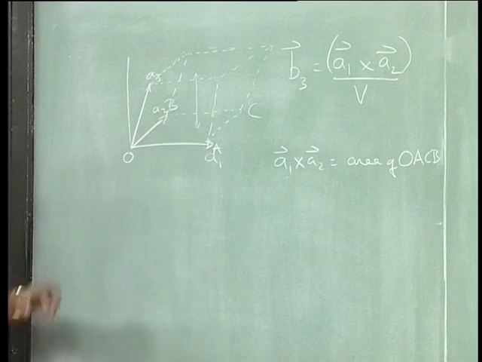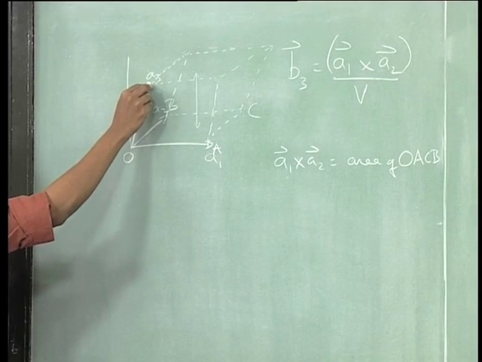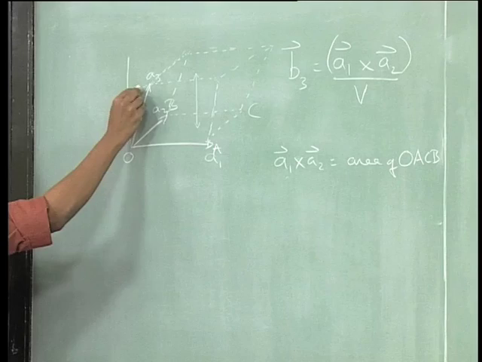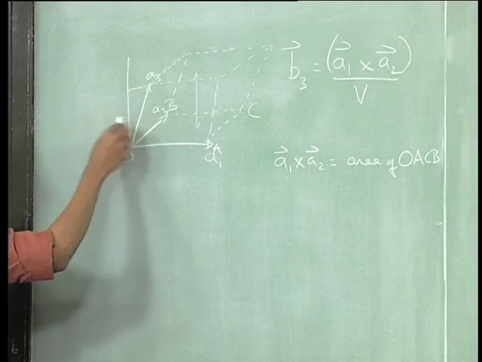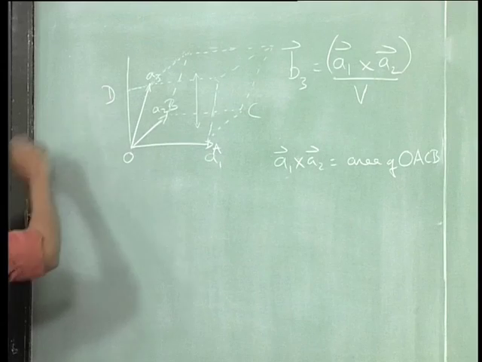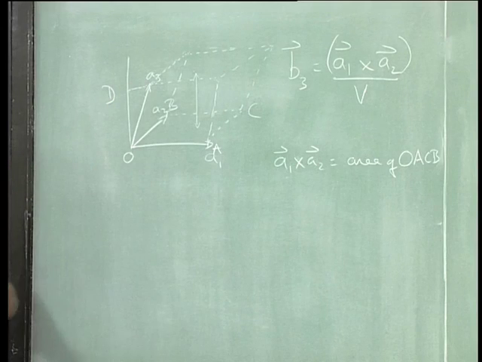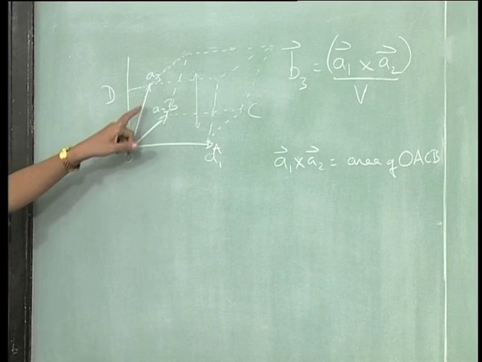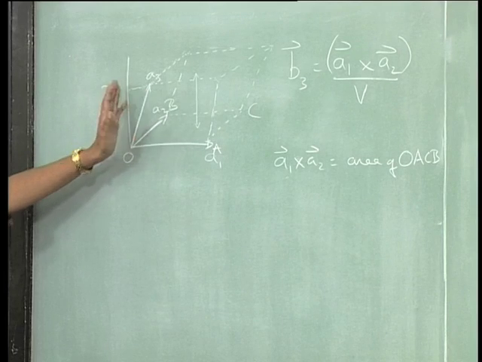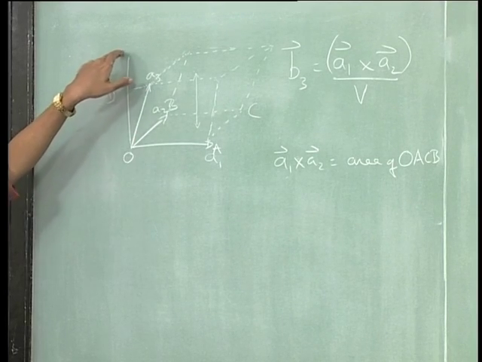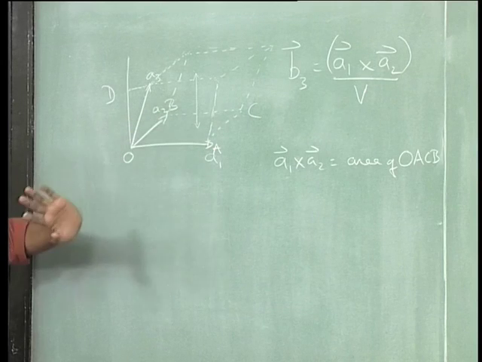So the height is simply, let us call this point D, OD. OD is the height of this unit cell that we have drawn, and it is simply the projection of A3 on this axis which is perpendicular to A1 and A2.